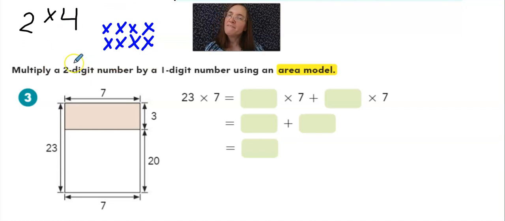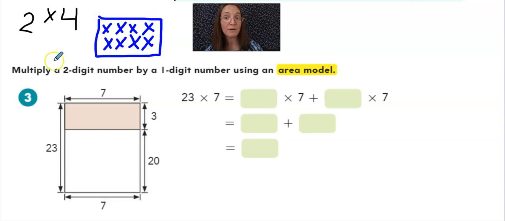That's a less efficient strategy than the next strategy we're going to look at that I really want you to love. So we are here using what's called an area model, where we make a relationship between multiplication and rectangles. Now, if I were to draw a rectangle around this array, you can see it there. But making all those X's takes me a really long time. So in this model, 7 is how many columns go across, and 23 is represented by that vertical edge.